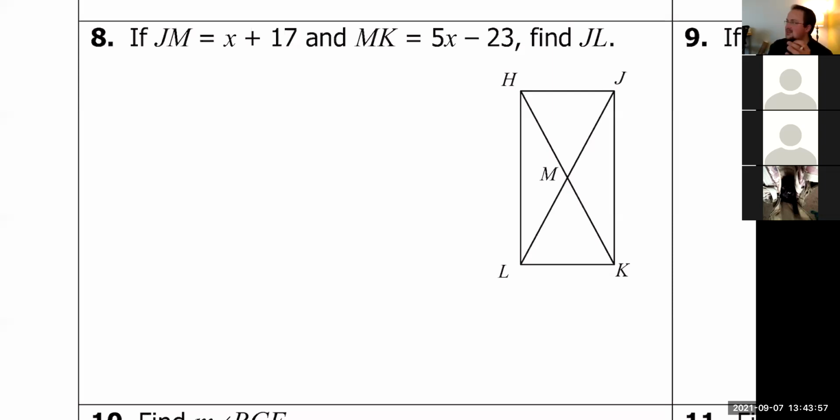So if you bisect the same number twice, it's always going to give you the same two halves, which means all the diagonals, since they are all congruent, each of their halves are also all congruent, which means JM and MK are congruent, which allows me to write the expression that x plus 17 equals 5x minus 23.